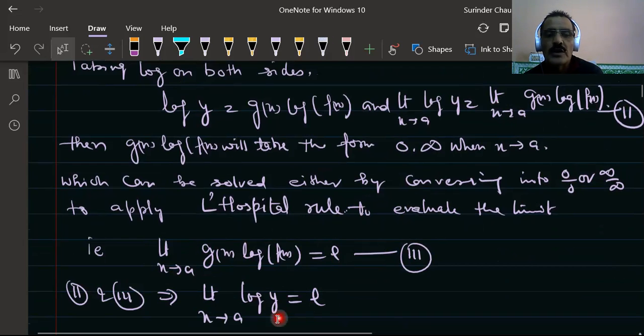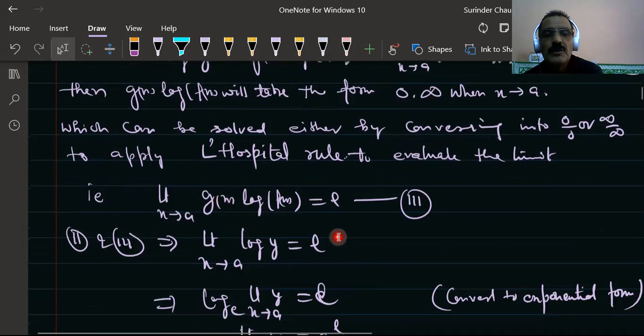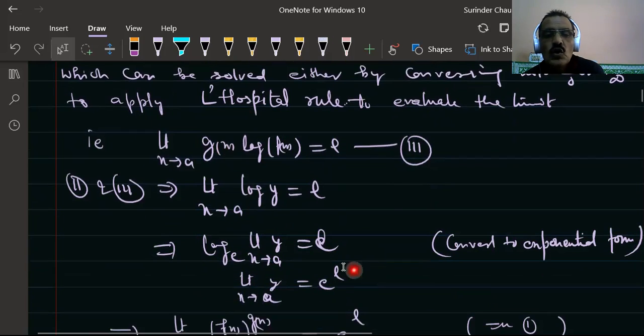So we got that the limit as x goes to a of log of y is equal to L. Now the limit can be taken inside: limit x to a of log of y is equal to log of limit x to a of y. Now we'll convert into exponent form.